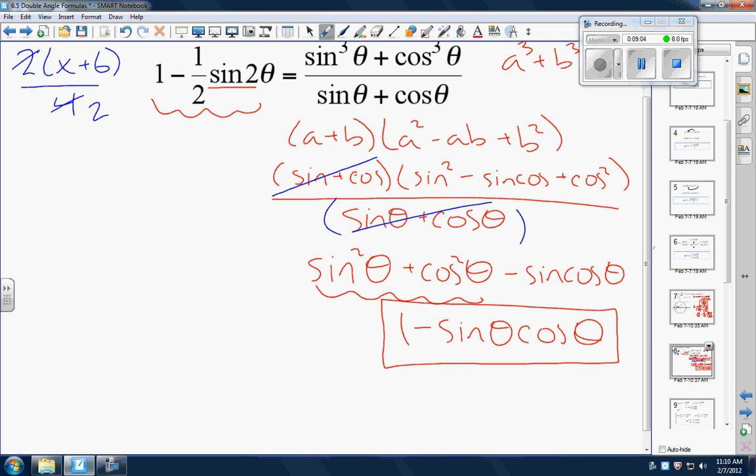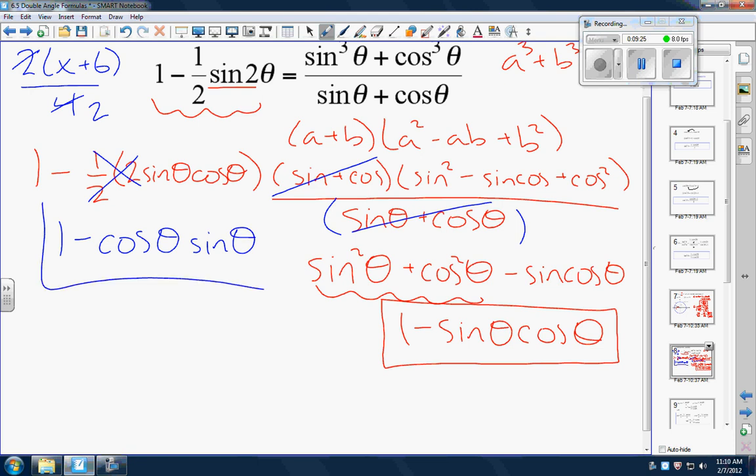Sines are nice because there's only one choice. Sine of 2 theta is 2 sine of theta, cosine theta. Those guys will cancel right out, half of 2. And you got each side equal.